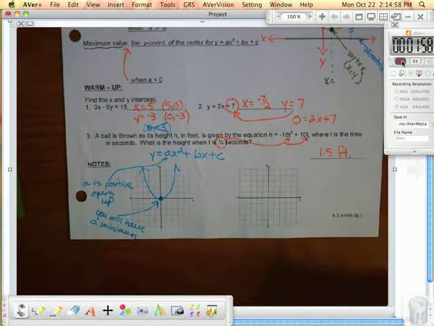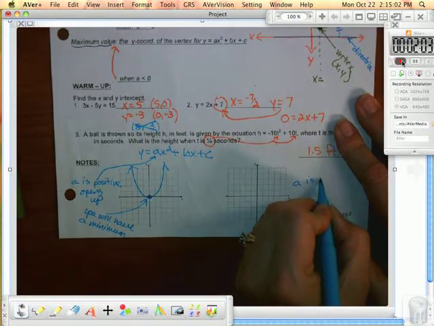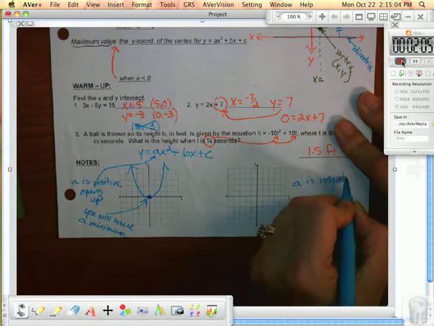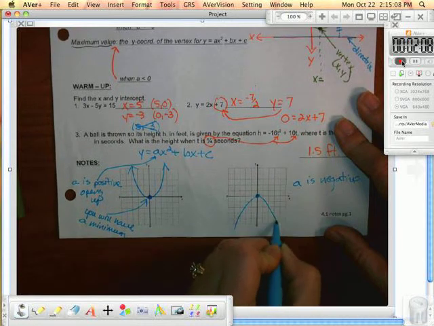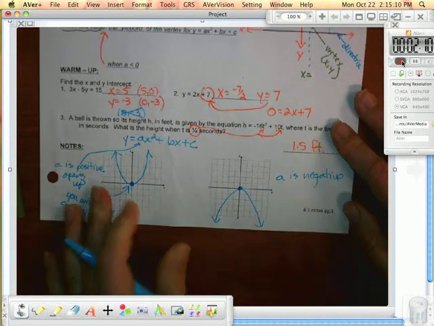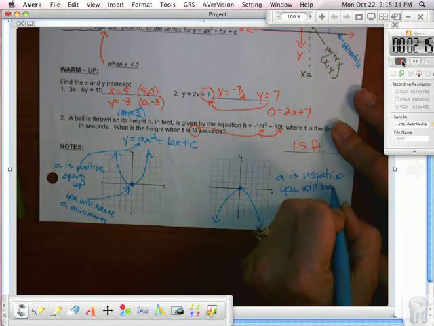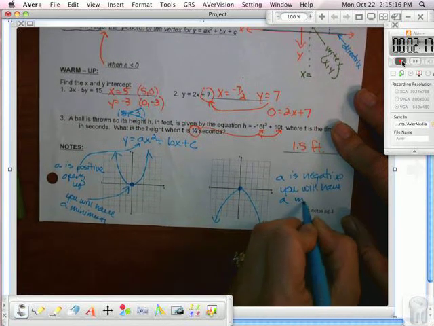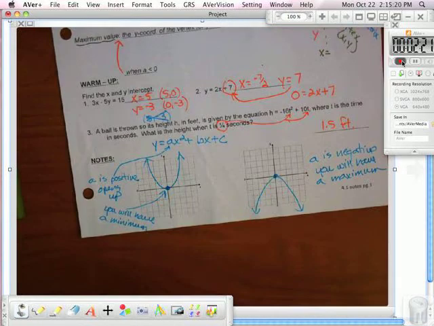So what if a is negative? It opens down and you have a maximum. So if a is negative, it opens down and you will have a maximum. Okay? Basic stuff.